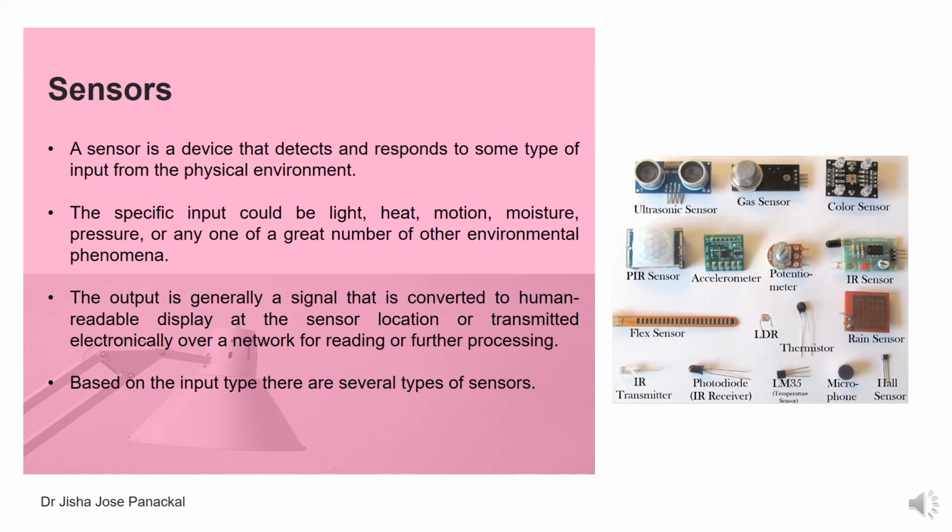Next one is sensors. It's a device that detects and responds to some type of input from the physical environment. The specific input could be light, heat, motion, moisture, pressure, or any one of a great number of other environmental phenomena, and that can be detected by this sensor device.